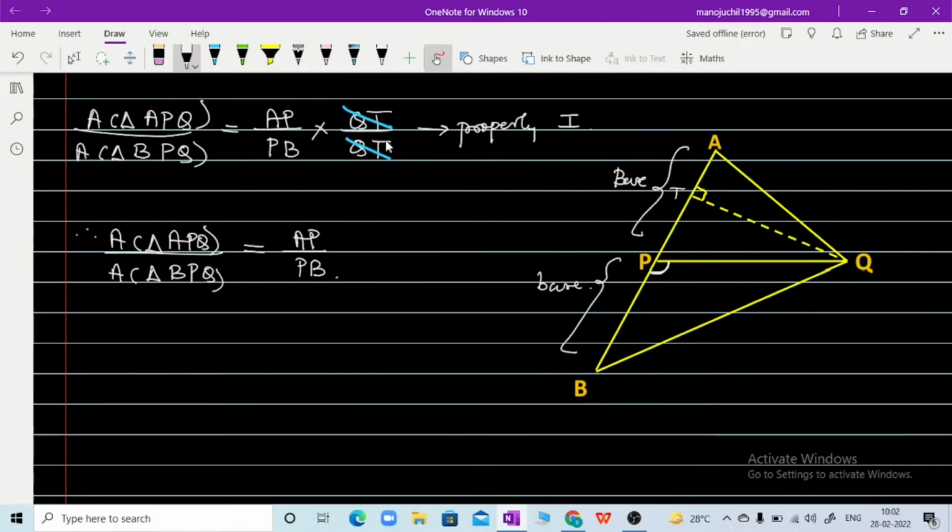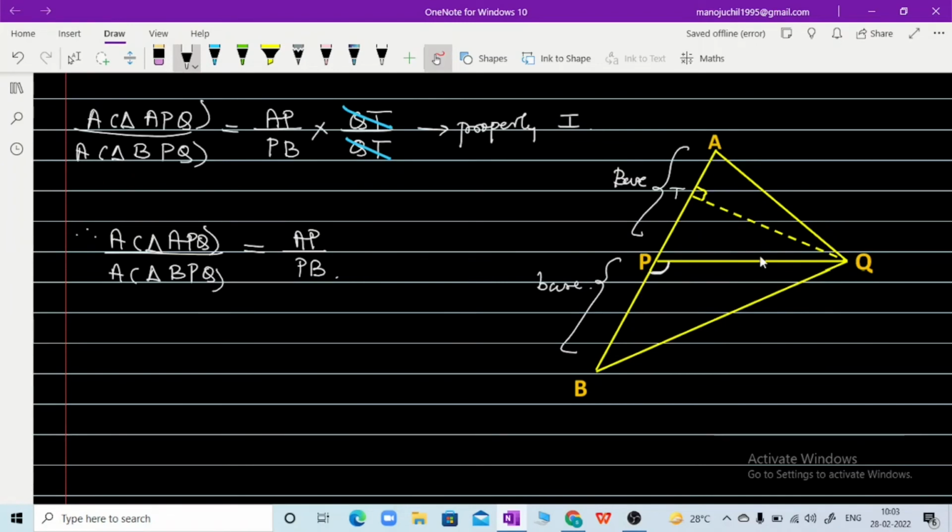That means if the triangles have the same height, the ratio of the areas of the two triangles will be proportional to the ratio of the corresponding bases. This was one way the figure has been drawn.